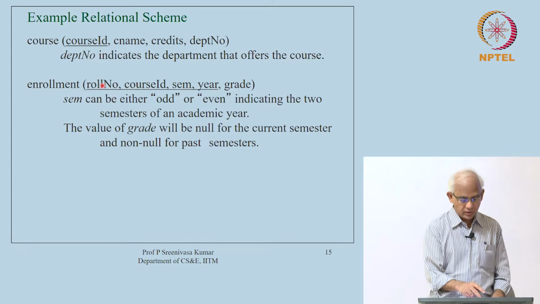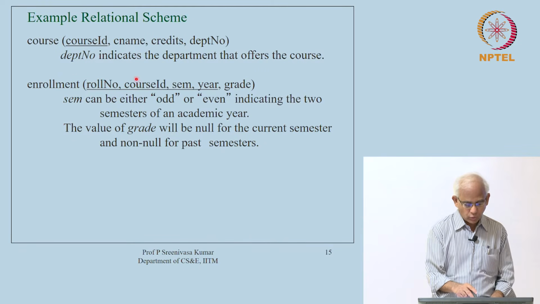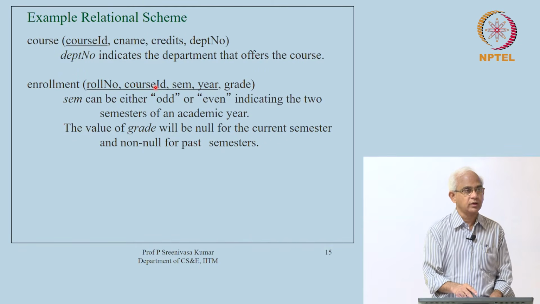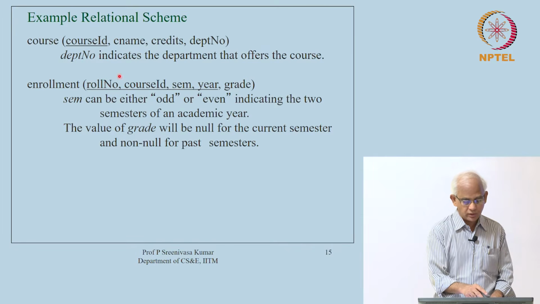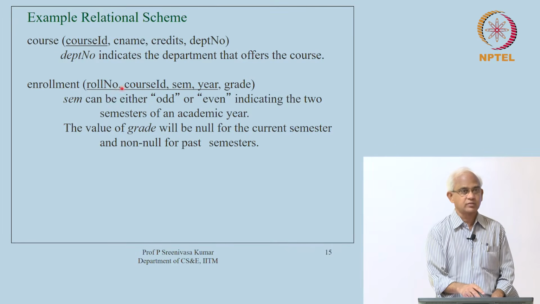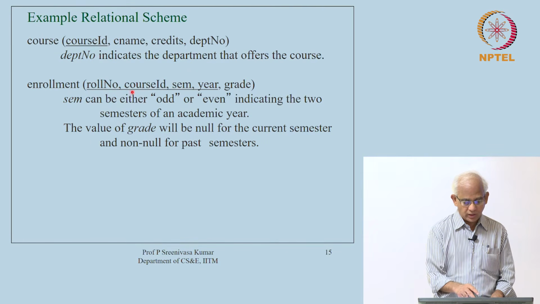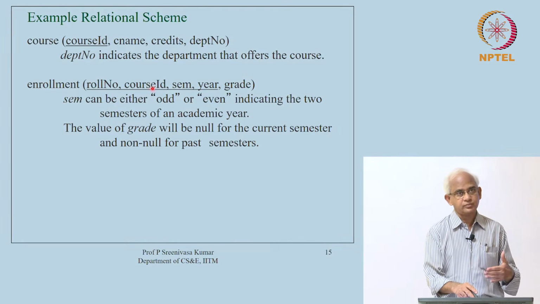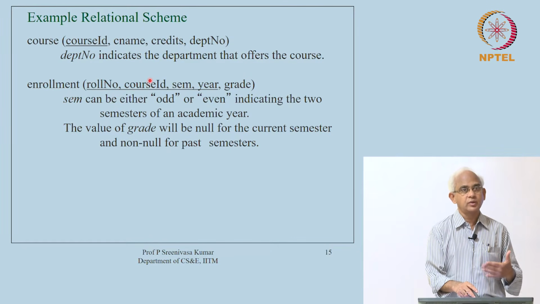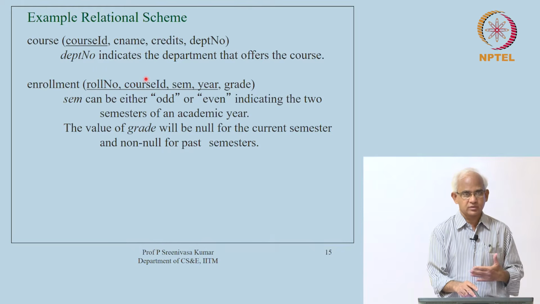The reason being that course ID alone cannot be the key, nor roll number and course ID. A student typically does several courses in a particular semester, and a course gets offered multiple times across the years, right.